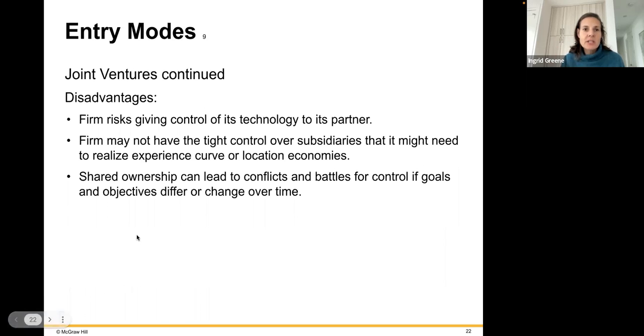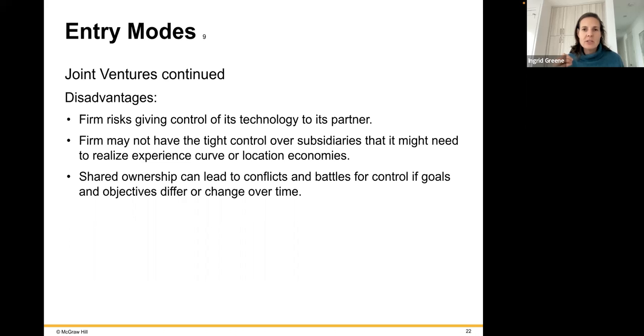The disadvantages of joint ventures are that the firm risks giving control of its technology to its partner, right? Which is what India was looking for, to get some control of that technology. The firm may not have tight control of the subsidiary. And so there's an experience curve.